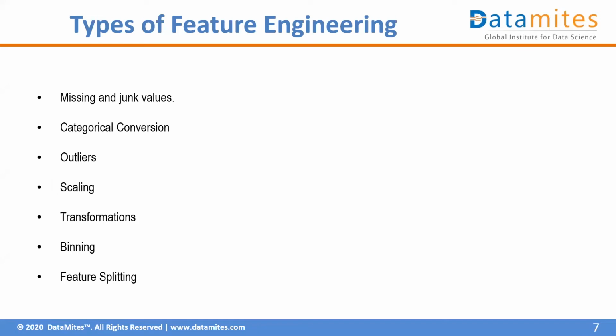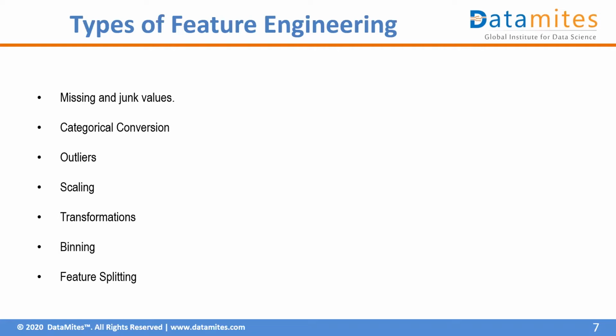Junk value means, say, a question mark or some other junk coming in. It happens if we collect data through a Google form: people put in random digits, random data which is not required. So what we as data scientists do is convert them into missing values, basically null, and then apply the techniques. The first and most important part of feature engineering is handling missing values.